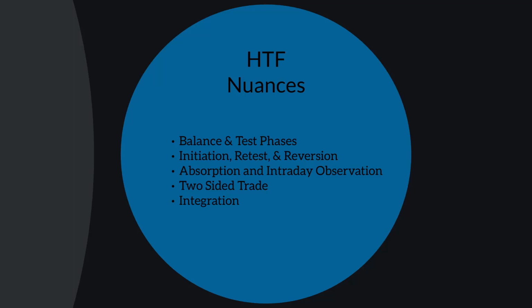This process involves determining the volume at these levels on that short time frame. So that balance and test phase, we come into a high time frame LVN or structural component, then we want to patiently allow that test phase to show its hand in order to engage.